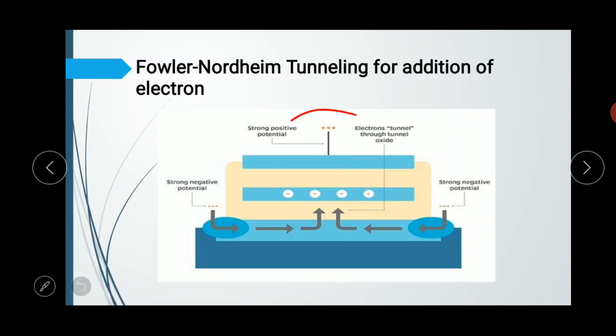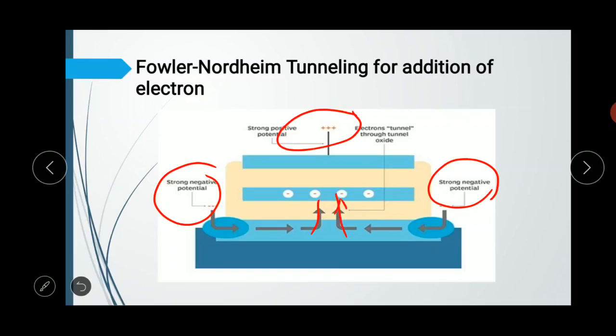So see here, a strong positive voltage is applied, and the source and drain will have a strong negative potential. Okay, so the positively charged control gate draws electrons into the floating gate, means attracts the electrons into the floating gate.